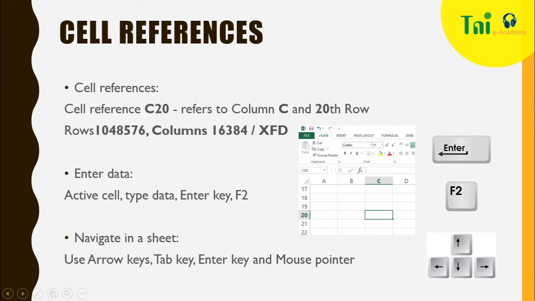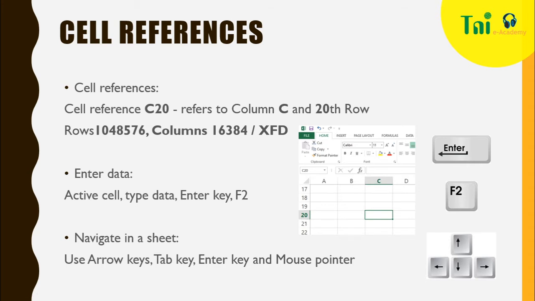That is referred by the column name followed by row number starting from A1, B1, C1 or wherever the cursor is present. We call that the active cell. Here in this example we can see that the cursor is present in C20. So, the cell reference is the column C and row number 20.